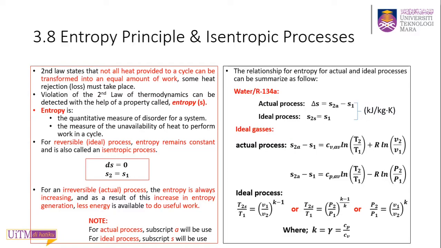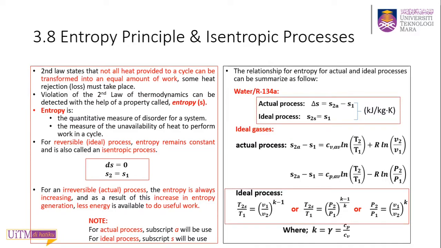On the right are the equations to relate between entropy and ideal and actual process. Be mindful of the equations inside the red box as we will be using it a lot in this chapter and also for chapters 4, 5 and 6.